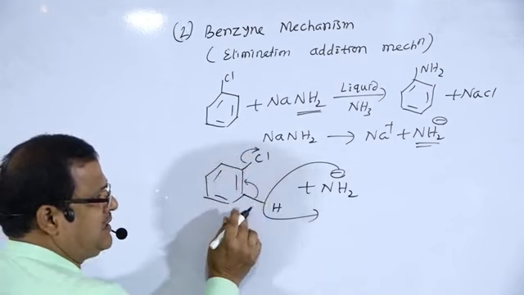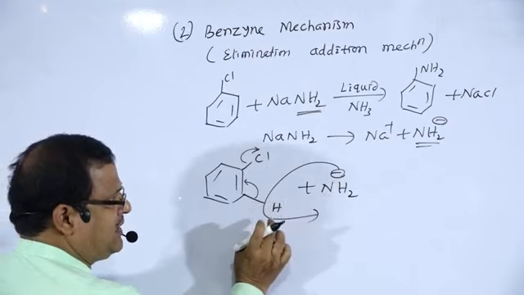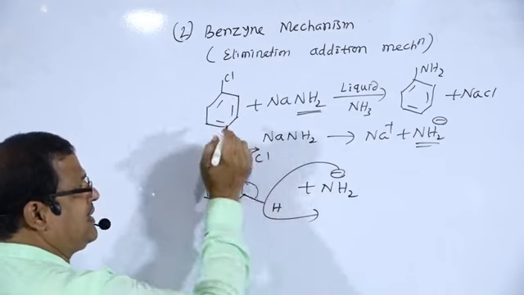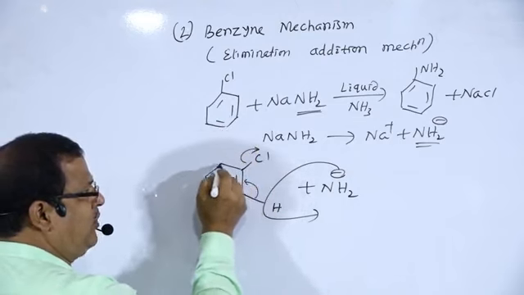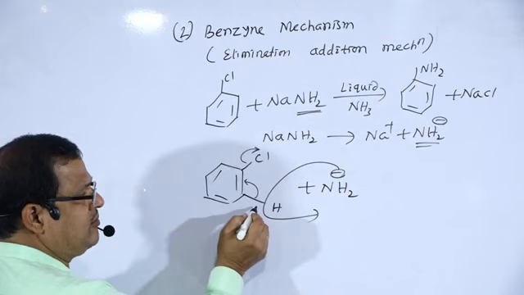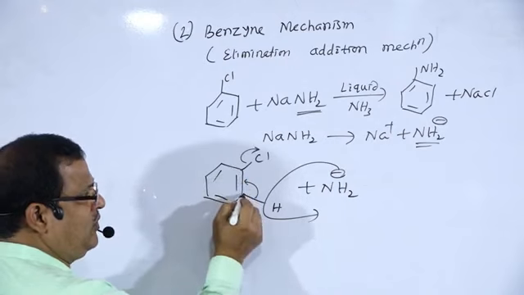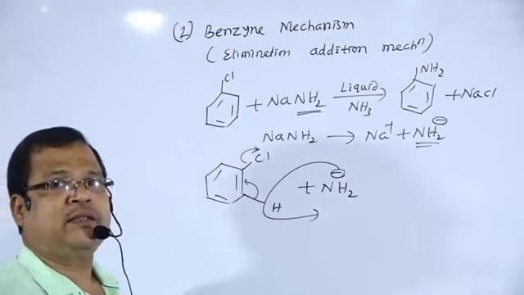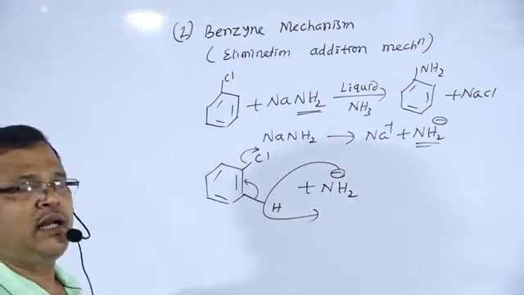That is elimination addition. First elimination of H, elimination of Cl. Except this carbon atom, all the rest of the carbon atoms contain hydrogen to satisfy the tetravalence of that carbon.